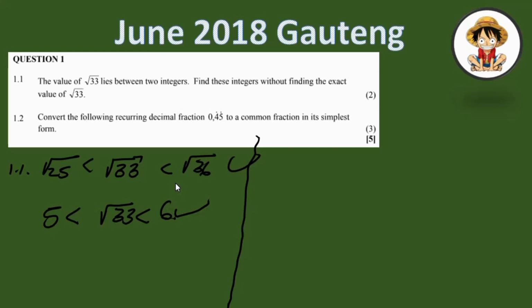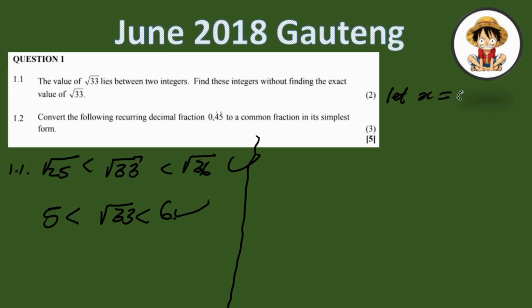What do I have? I have a question that says convert the following recurring decimal to a common fraction in its simplest form. Nice. What did I do as the first step there? I said I must let x be equal to the number that I have here.